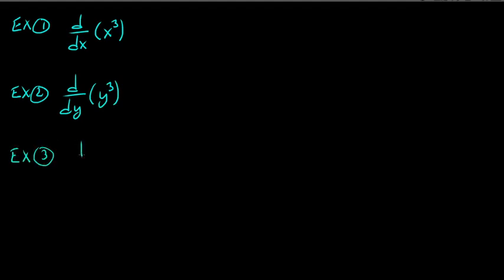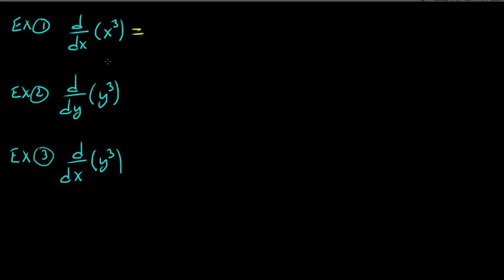And in the third example, we're going to take the derivative of y cubed, but with respect to x. Up until now, we have not really emphasized what the independent variable is. It's usually explicit in the problem, but here it becomes very important because we get three different answers.